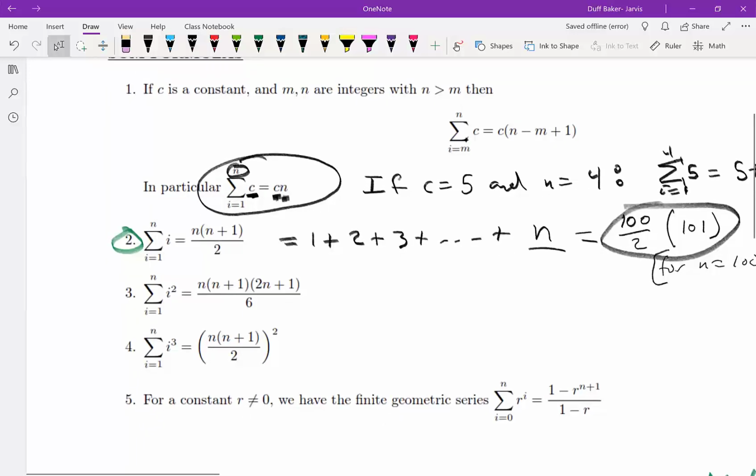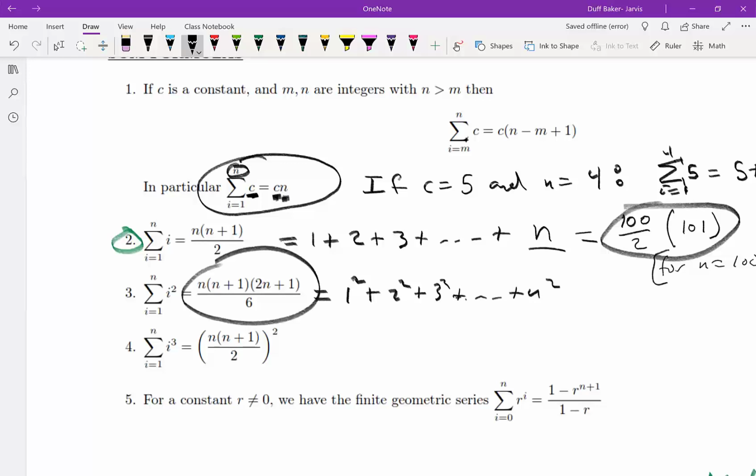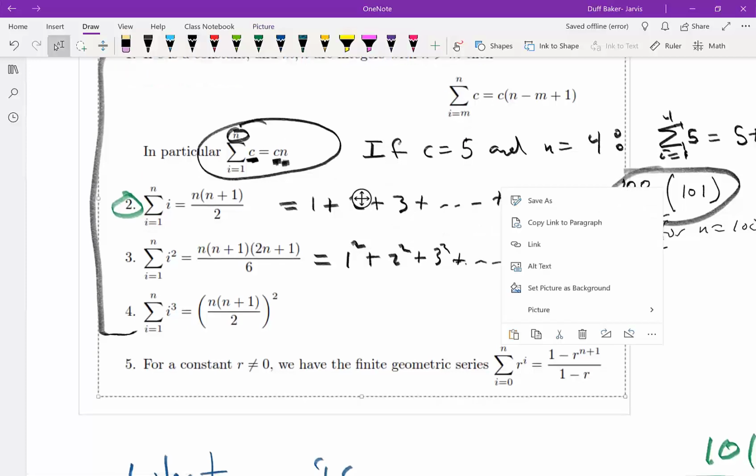And then we have formulas for if you add up the first n integers, like 1, 2, 3, or you could add up the first n squares. And that has this more complicated formula. So I would like you to memorize the first 4. Though I guess because I'm giving you notes, normally I would ask you to memorize them, but I would still recommend getting very familiar with them.